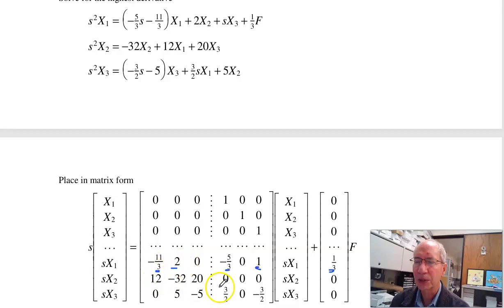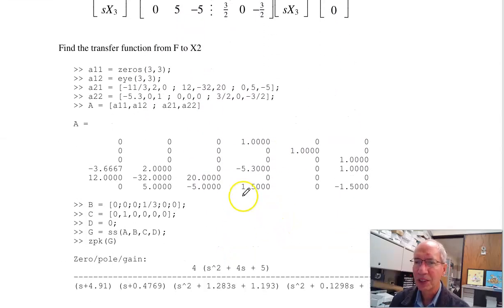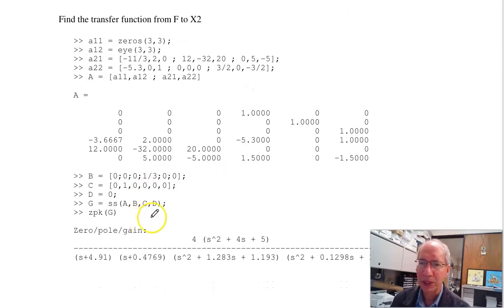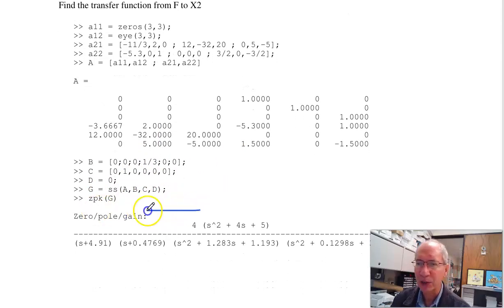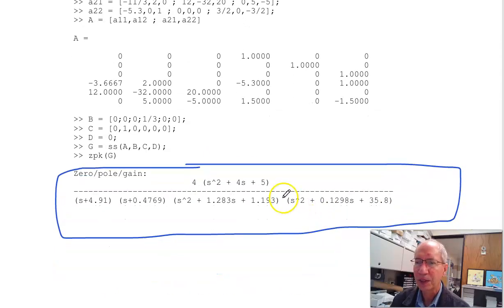Likewise, second equation, third equation, throw that in MATLAB, B matrix, C matrix, D matrix, input into MATLAB, find the transfer function, and there's the transfer function of this mass spring system. Mass spring systems can have complex poles.